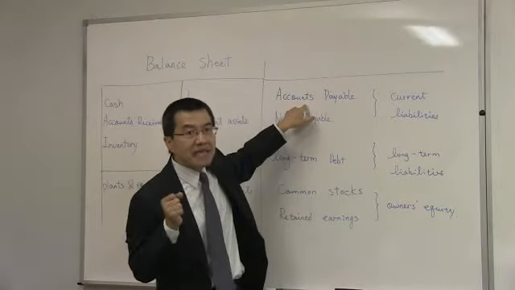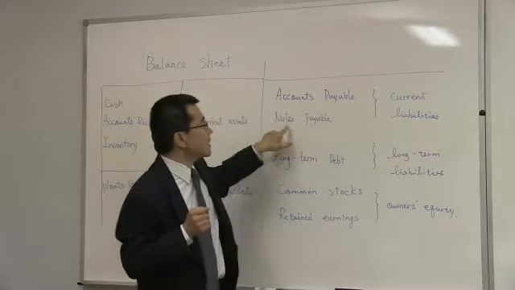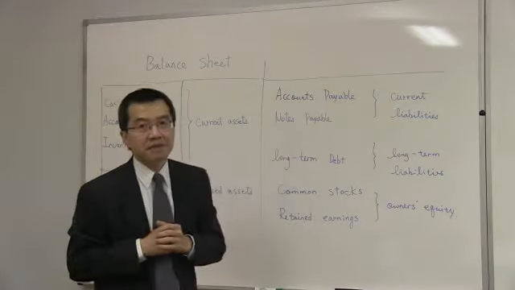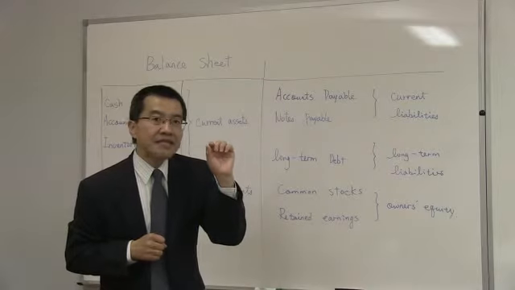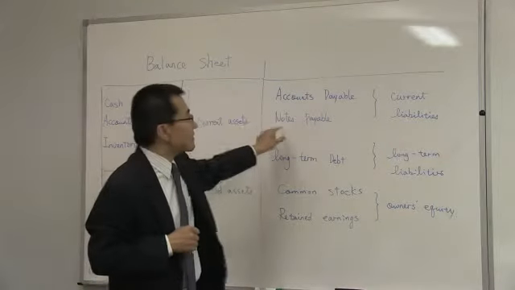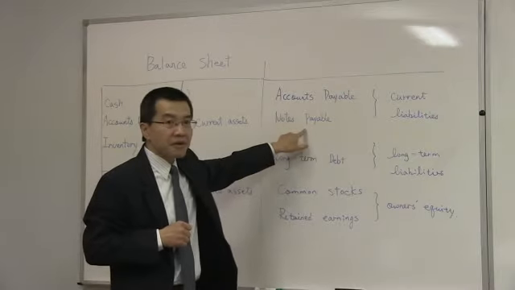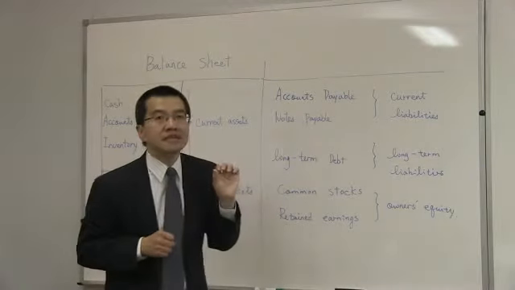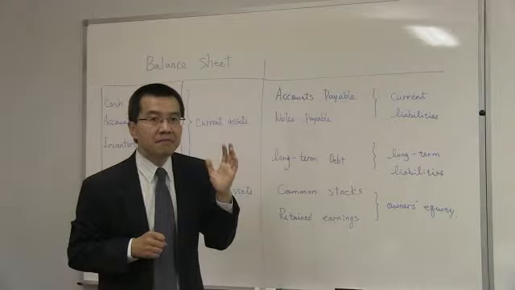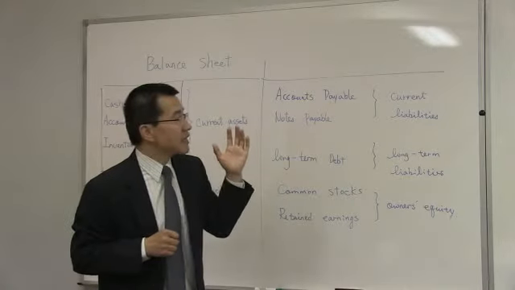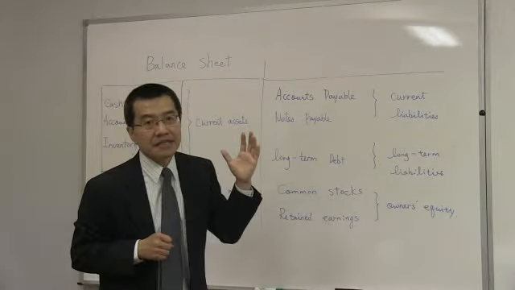It's the company's liability. And another one is notes payable. So the company has outstanding loans, so they have the interest payment they need to pay. So the notes payable is also a part of the current liability. Current liability is often named as the short-term liability.